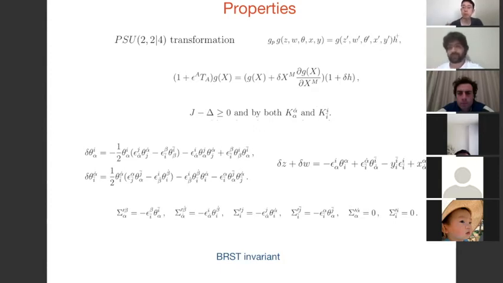If you compute this transformation for all the generators, I put here some of the transformations that are relevant. You see that the vertex is killed by 24 supersymmetries and also by Q and Q-bar. So it has the same properties as the dual operators. And it's BRST invariant. So this is important.